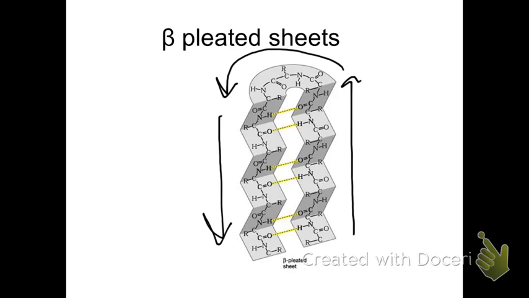The result is two parallel strands in our primary structure. When those two strands are parallel, they begin to form hydrogen bonds between each other, and those hydrogen bonds connect both strands together to make these beta pleated sheets.